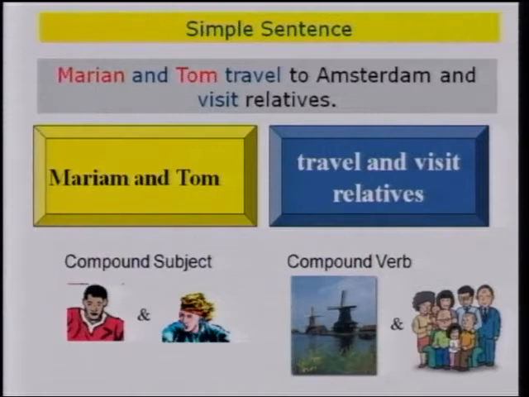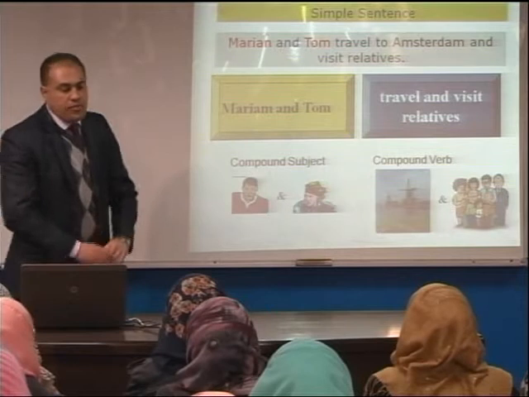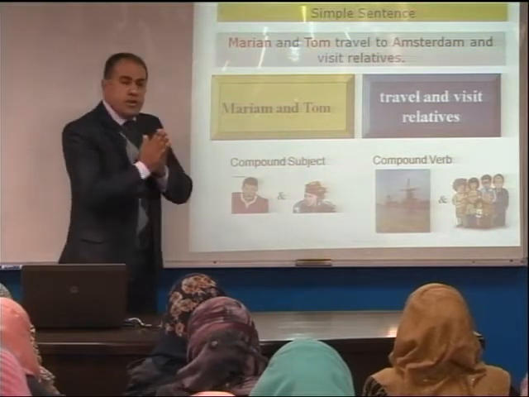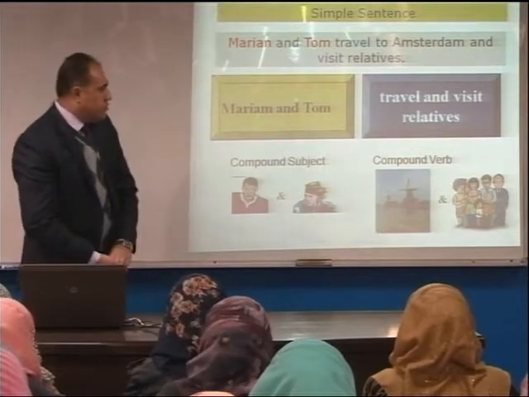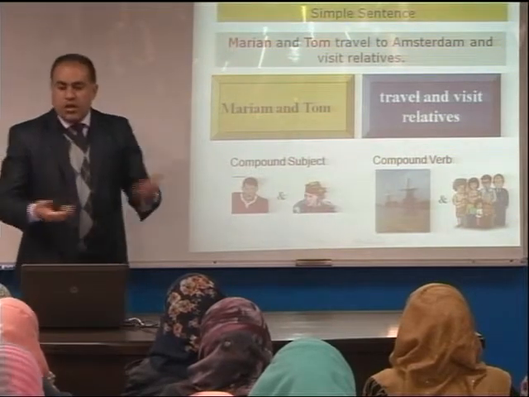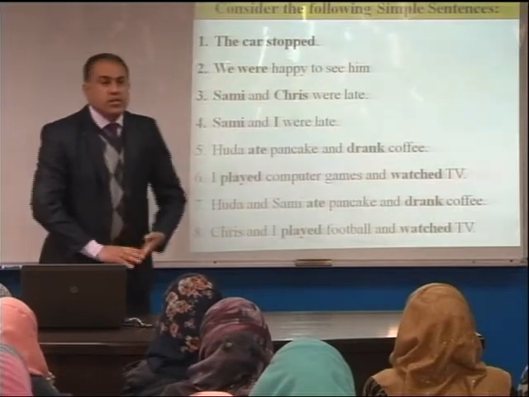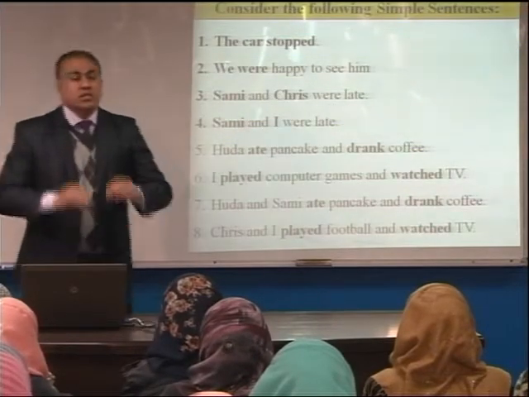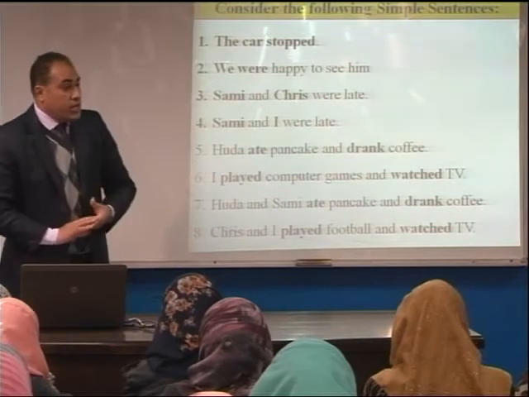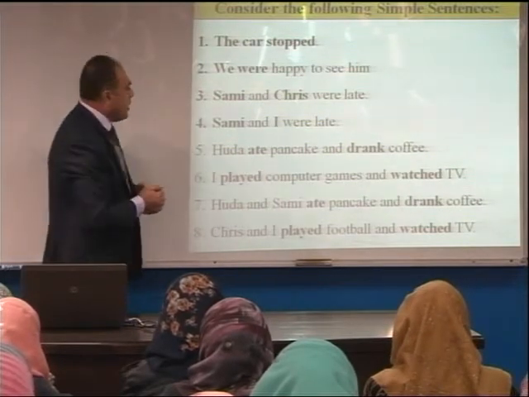For example, Maryam and Tom travel to Amsterdam and visit relatives. The subjects here are Maryam and Tom, and the verbs are travel and visit. So whenever we think about a simple sentence, it has a subject and a verb pair. Sometimes I have more than one subject, sometimes more than one verb.